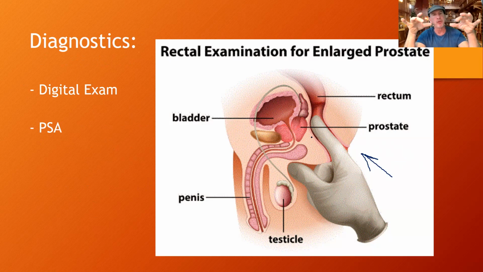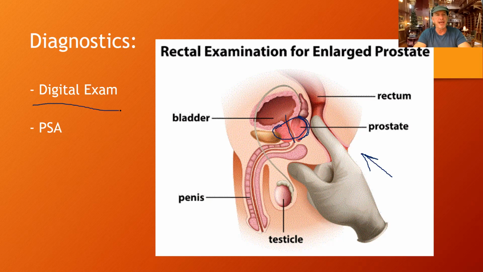We wouldn't really use that because we don't do that exam, but you'd probably find that in a medical school somewhere because it teaches the doctor what is a normal size prostate, and as it gets larger, what am I feeling for? They go into the rectum and feel the prostate right here and see how large it is. That gives them a clue as to whether or not the prostate is swelling. As you can see, this is all prostate right here and it surrounds the urethra right there.